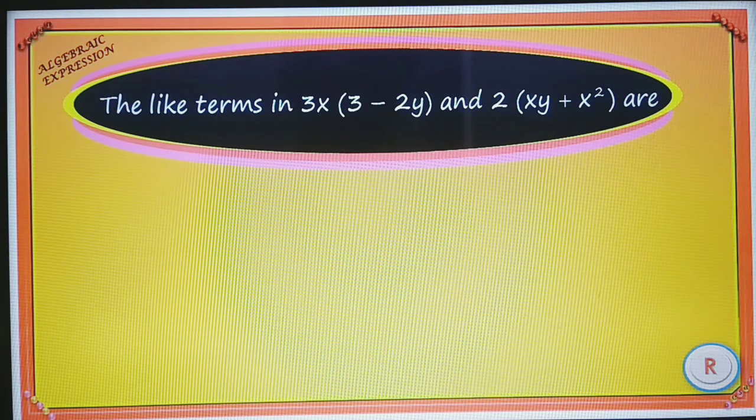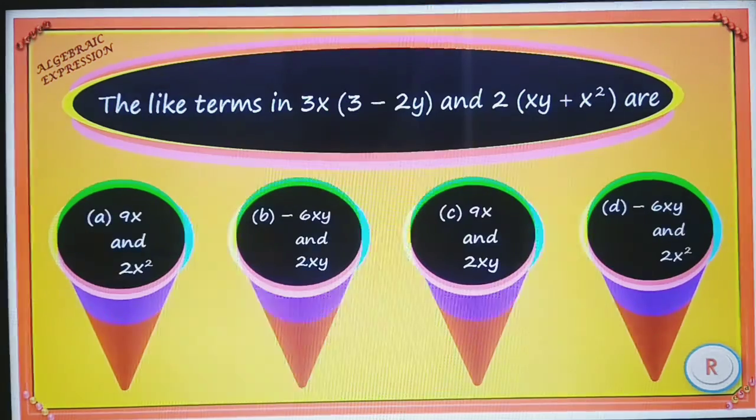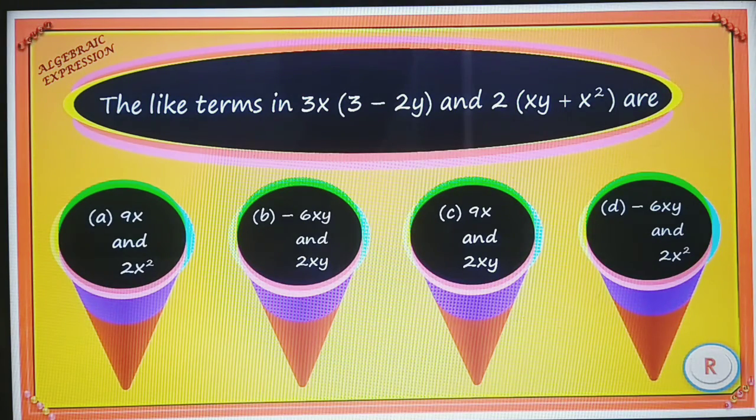Your options are: A, 9x and 2x square; B, minus 6xy and 2xy; C, 9x and 2xy; D, minus 6xy and 2x square. Which is the correct option? Option B.